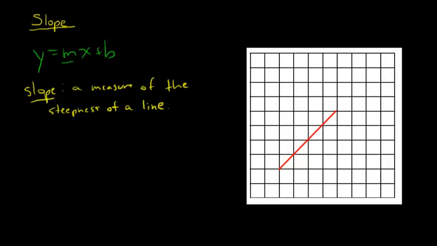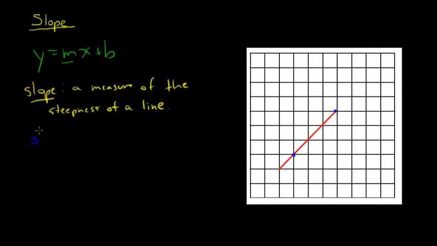So what we're going to need to find the slope is we're going to need to take a look at 2 points on the line. To find the slope of a line or a line segment like this, you always need 2 points on the line. So let's pick this point and this point. This point here. So the slope is how do we get from this point to that point?